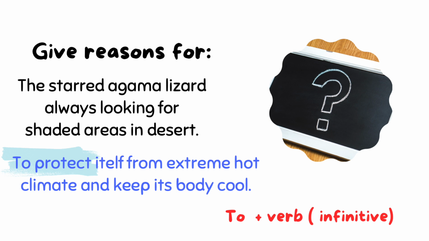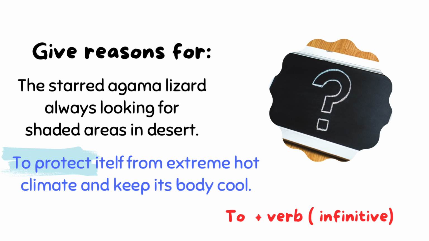To protect itself from extreme hot climate and keep its body cool. So the answer is very easy. Also the other verb, keep, we will bring it in the infinitive.